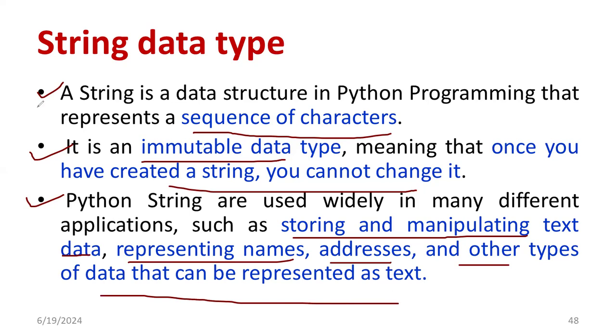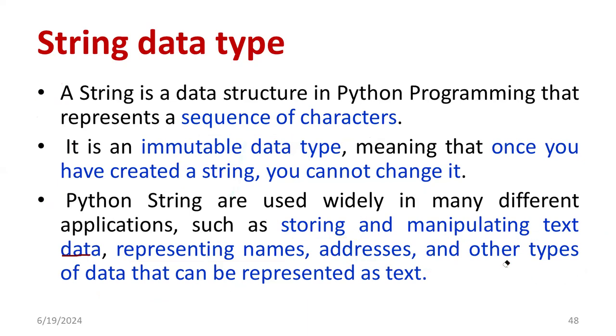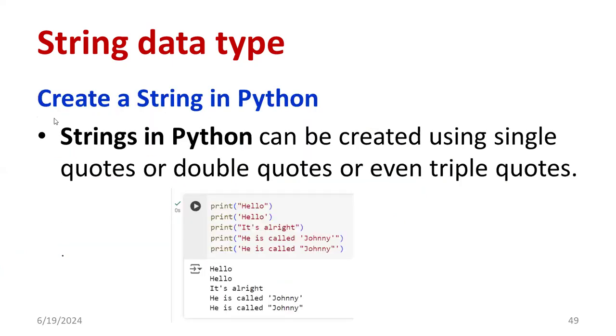This is basically called the string data type. So it is very essential in programming. If we want to deal with characters, we need to depend on string, and we should understand the basic operations of the string.